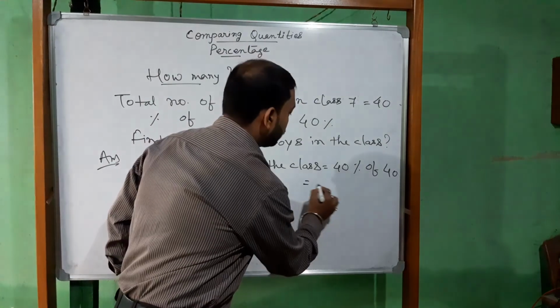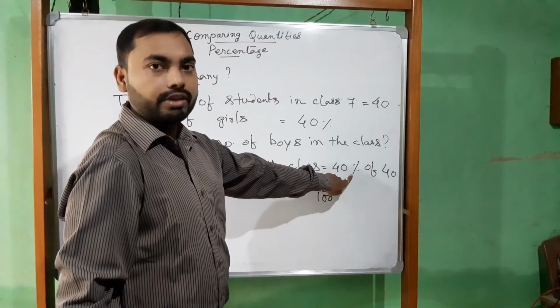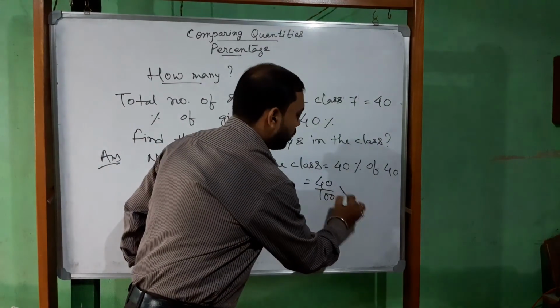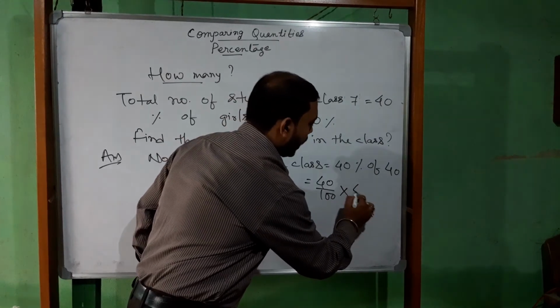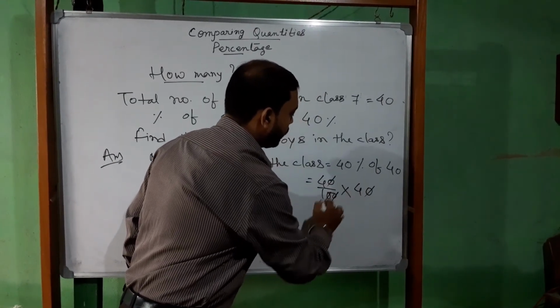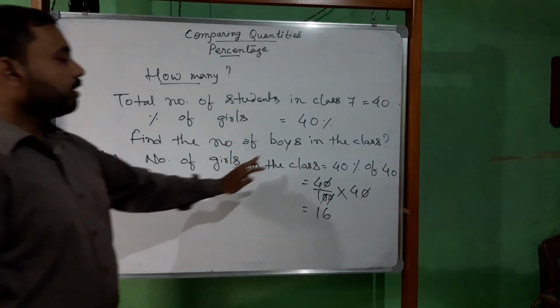Now let us calculate it. It is 40 by 100. Since I remove the percentage sign, in the denominator we have to write 100. So 40 by 100 of means into, and here we write 40 again. So 10 is cancelled, 10 is cancelled. So 4 into 4, that means 16. So there are 16 girls in the class.